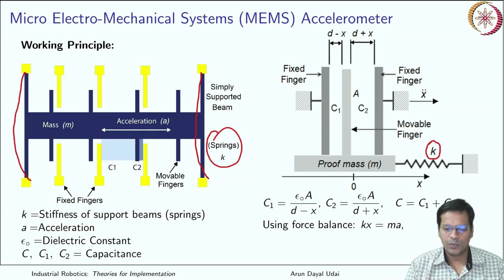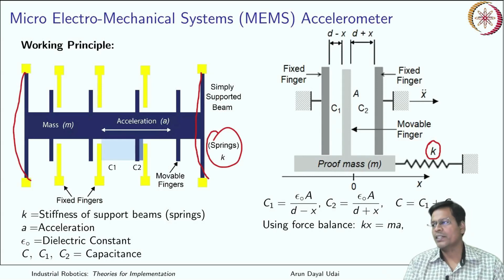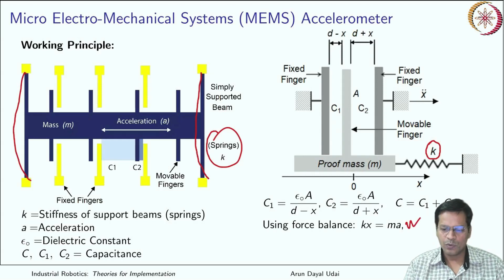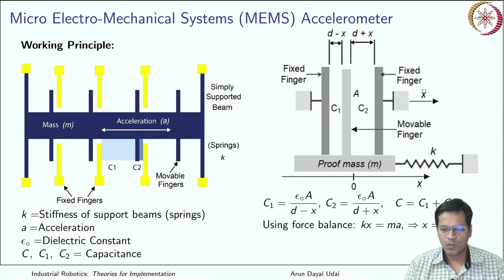The pseudo force which is acting due to the acceleration is m into a. So this is the equation for forces acting on it. They are balanced. So ultimately what you get is displacement x equal to mass into acceleration by k, that is the stiffness.